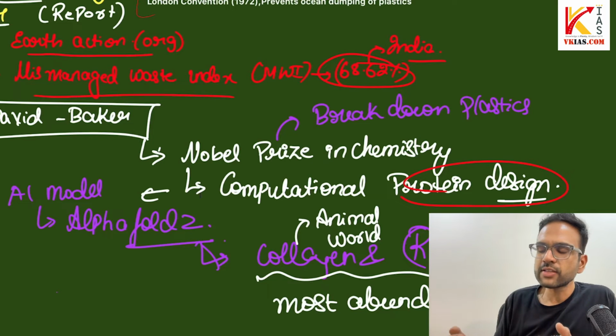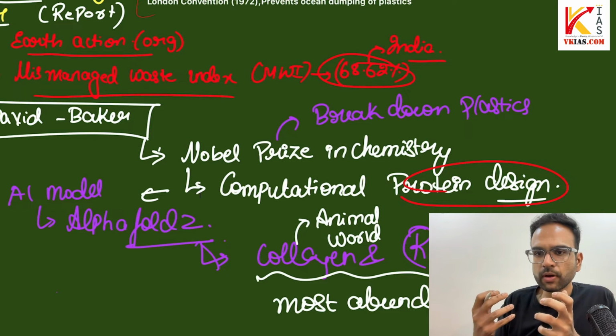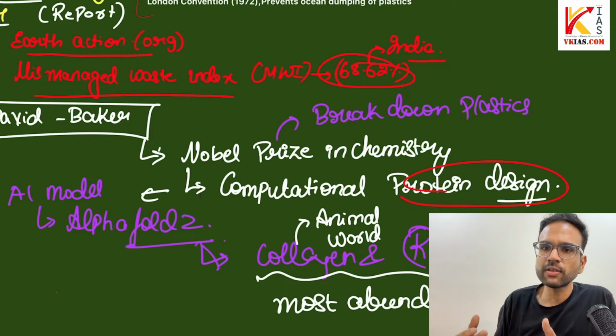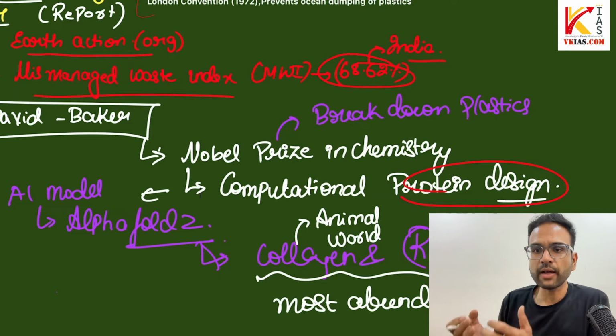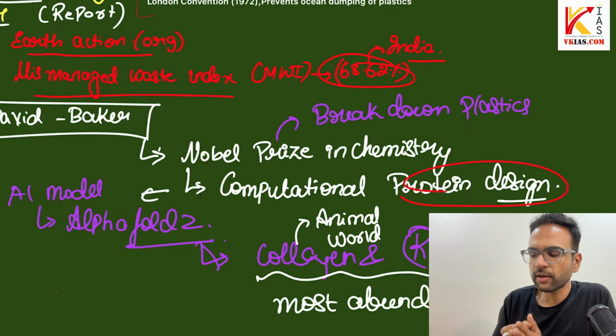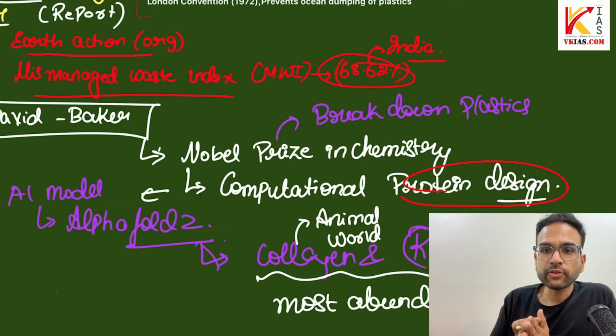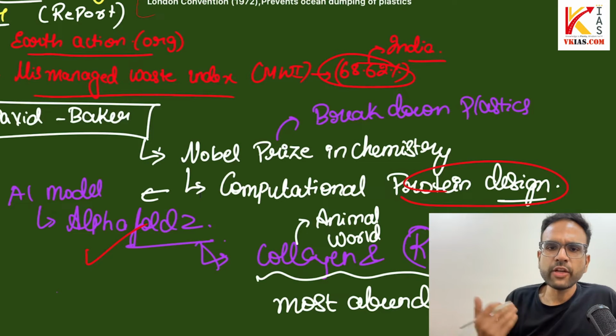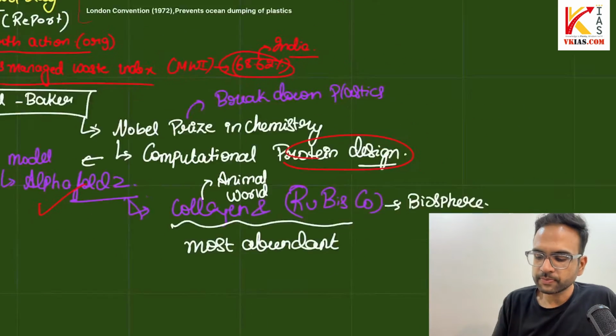So this is a very big research because if we understand how we can use our bioenzymes or our proteins to break down the plastics which are considered to be non-biodegradable, it is a breakthrough for the plastic industry. What is the name of the AI model? It's called AlphaFold 2.